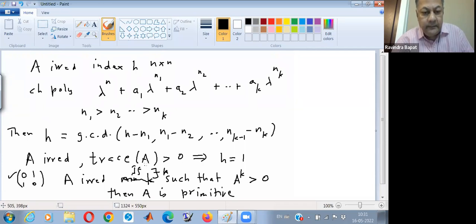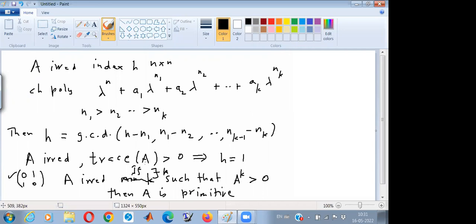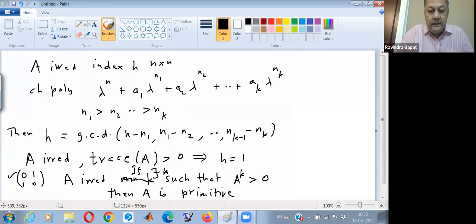As we have seen, it may not exist, because for this 2 by 2 example, it never becomes positive. Then the only thing is it is irreducible, but it is not primitive. But if there exists such a k, then it is primitive. That's what I'm saying. Yes, I got it. And actually, this is not very difficult to connect with the earlier definition, because if there exists such a k, then if you look at the circuit lengths, their GCD will be 1. Just think about it.